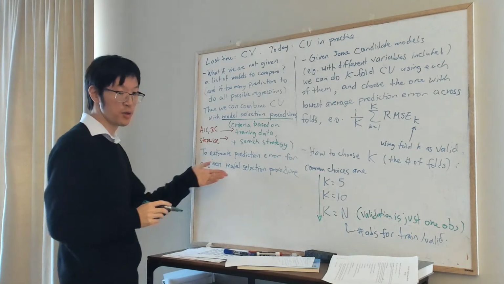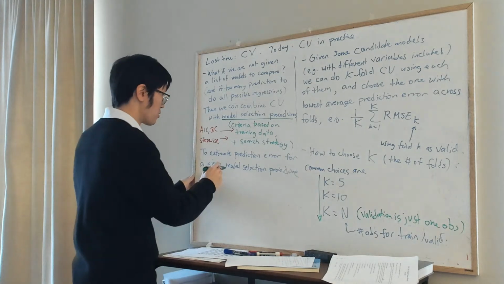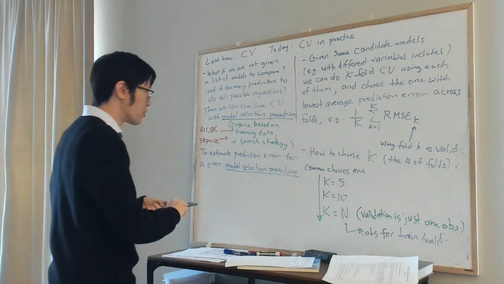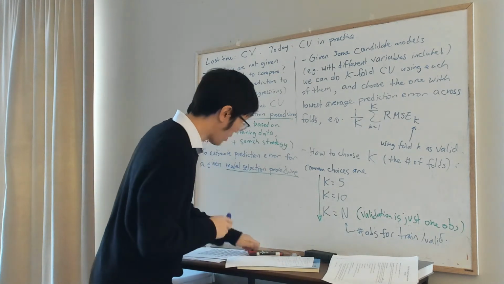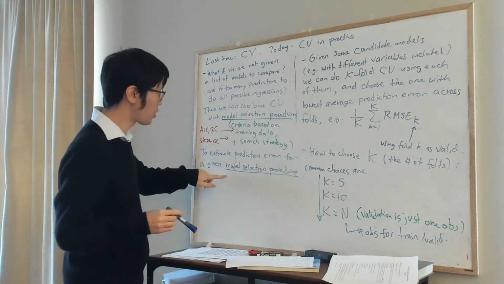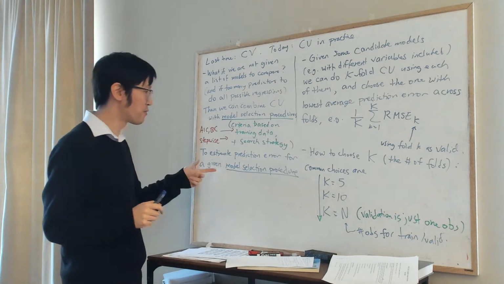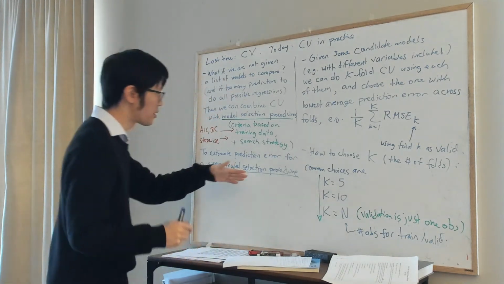Now let's suppose we're given a model selection procedure. That's the key difference. After we finish writing the sentence, you can compare it with the corresponding one when we have specific models. So now we're extending the framework a little bit.